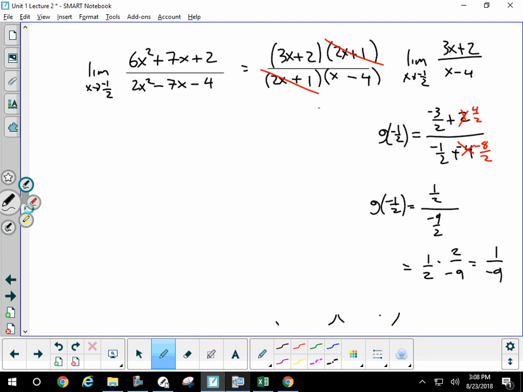Negative 1/9. Anybody else get that? That looks right.